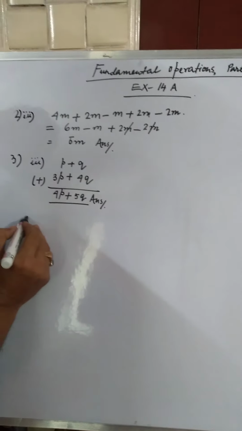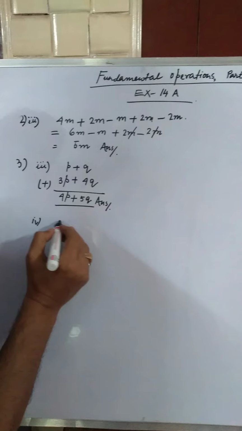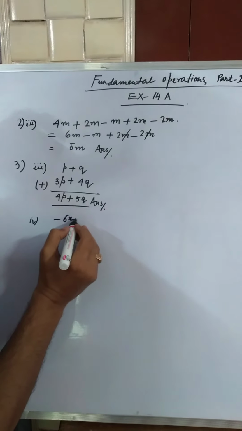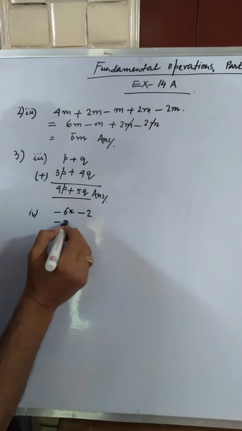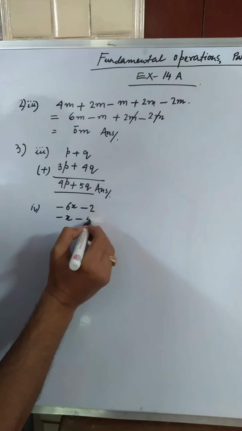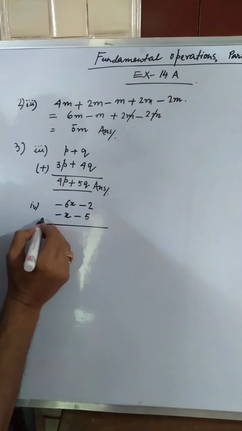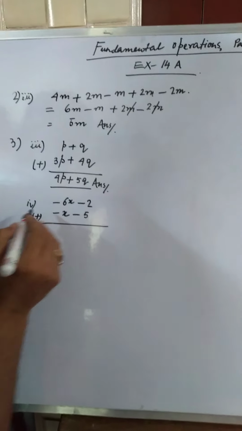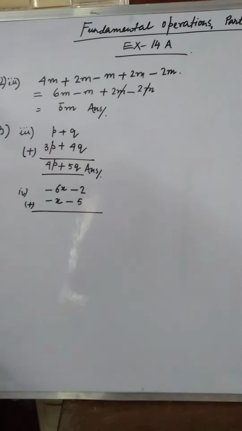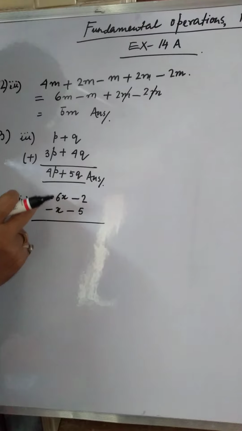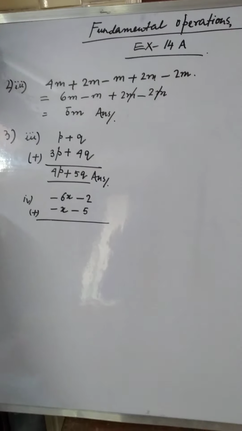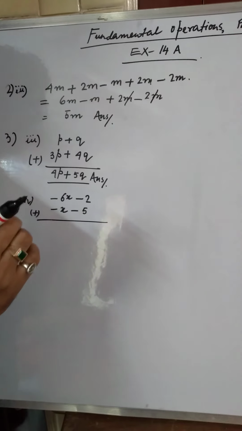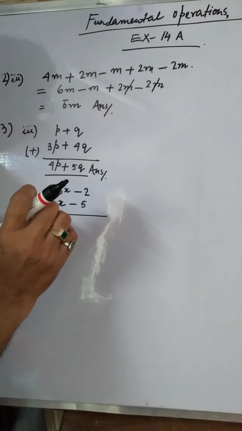Next is question 3, Roman 4: minus 6x minus 2, minus x minus 5. Add. Okay. Now when you add the two negative signs, what you have to do, you have to add them, but the sign should be negative.